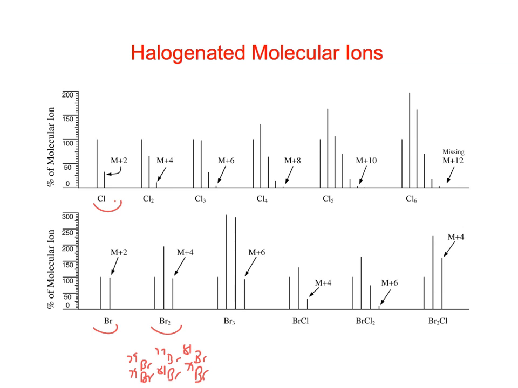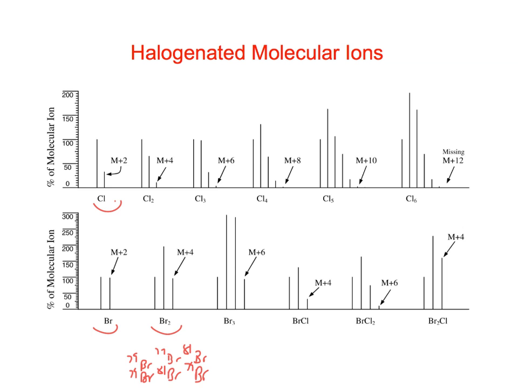Is this Br2 or just 2 Brs in a molecule? Just 2 Brs in a molecule. Br2 would look like that as well, but it could just be a dibromide compound. You could have a dichlorinated molecule or a dibrominated molecule that wouldn't have a 3-to-1 ratio.